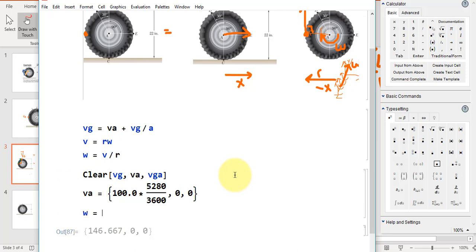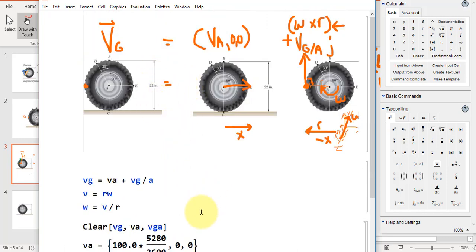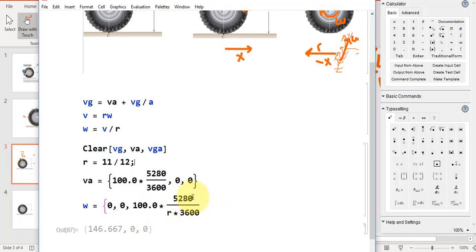So omega is equal to nothing in the x direction. It's not rotating around the y-axis. It's rotating around the z-axis, and the magnitude of that is going to be the velocity of A divided by R. In this case, if the diameter is 22, then the radius is half of that, so 11 inches, and we'll make sure that everything is in feet.